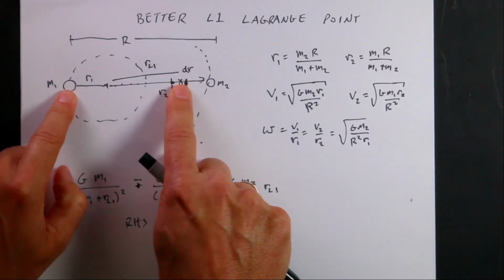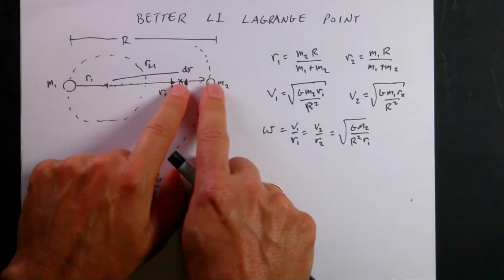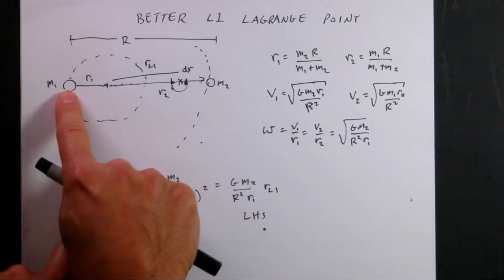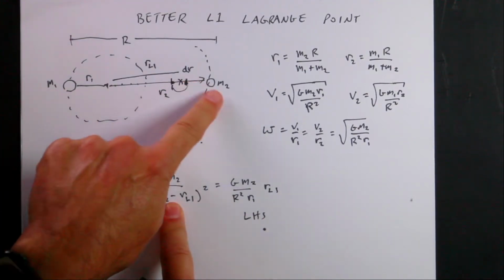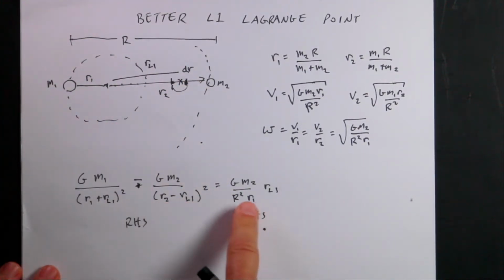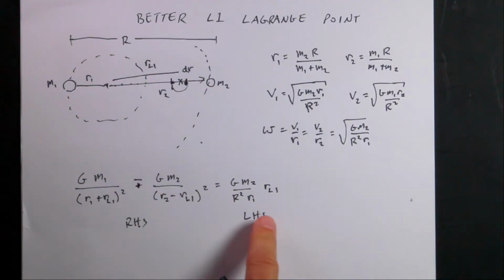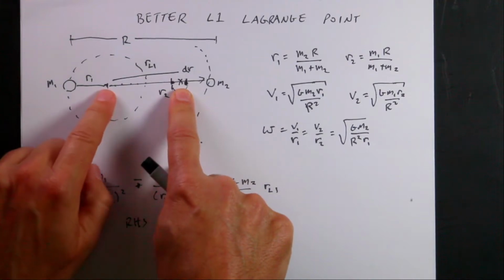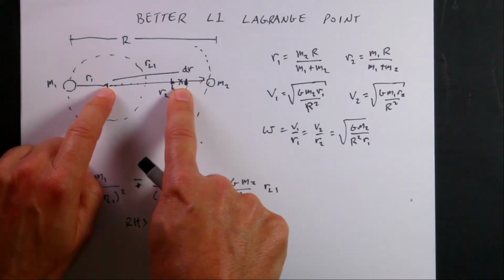You notice that it's further away than that one, but they're pulling in different directions. So I have the gravitational force due to m1, the gravitational force due to m2, and that would be equal to mass times acceleration. And the acceleration is due to us moving in a circle of radius r L1, which is the orbital radius.